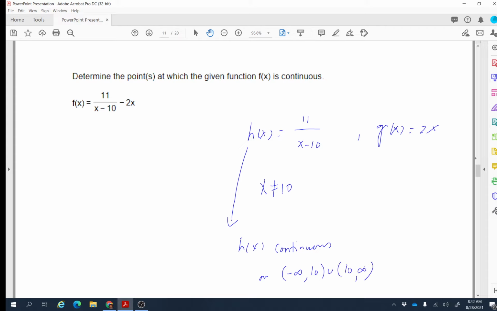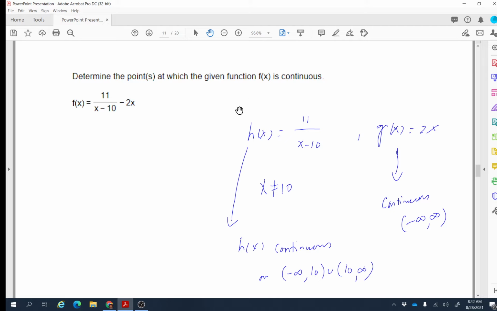This function is continuous everywhere except 10. And this function g of x is continuous everywhere, so that means all real numbers. Now when we combine them by using this negative sign, meaning when we find the difference, this function should be continuous everywhere except 10.